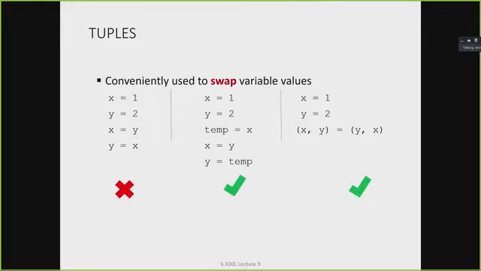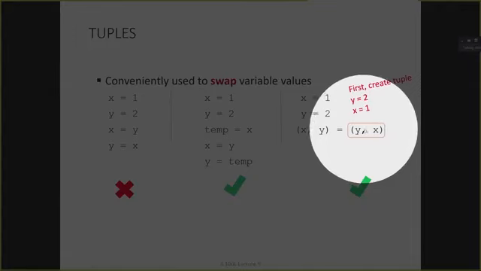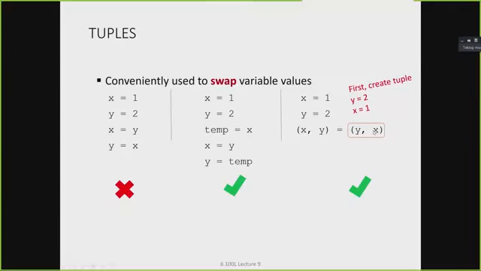So this is an assignment, and it's allowed because the left-hand side is basically a set of variables in sequence. And the right-hand side gets evaluated first, as we would an assignment statement. So y gets the value 2, because that's what it is up here, and x gets the value 1. So y is 2, x is 1 over here on the right-hand side.